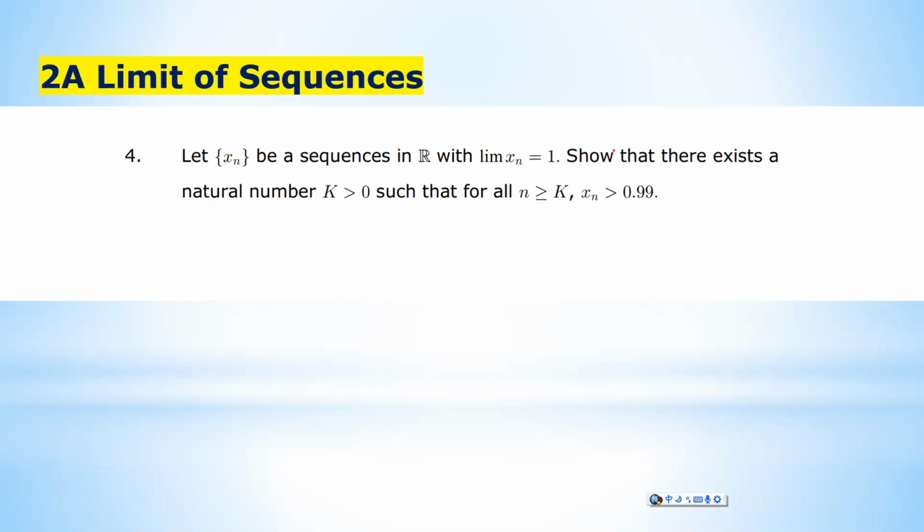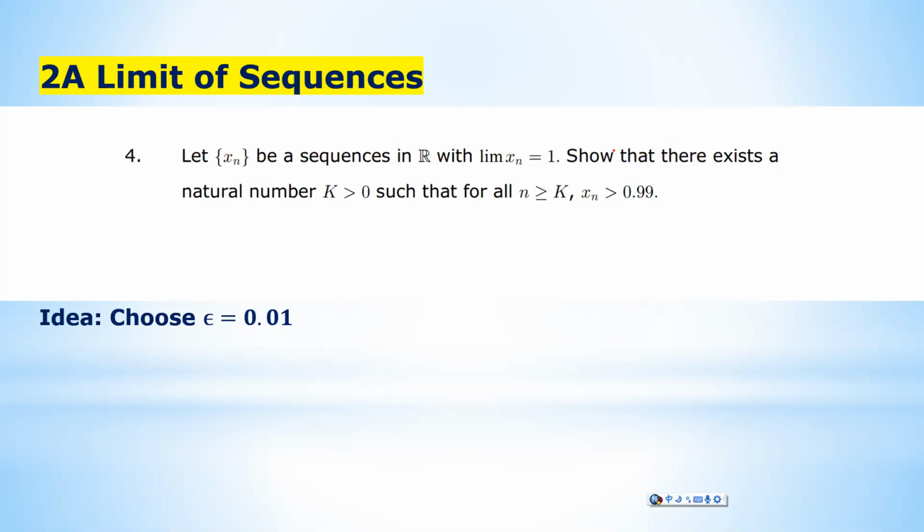Number 4 shows that if the limit equals 1, then xn is greater than 0.99, okay? So the idea is, because you have a sequence which has a limit equal to 1, you can choose epsilon equal to 0.01.